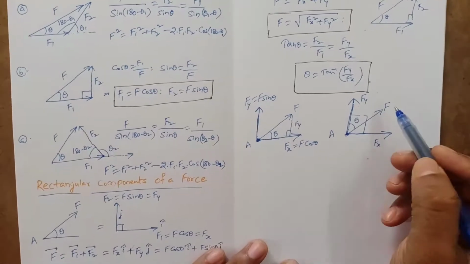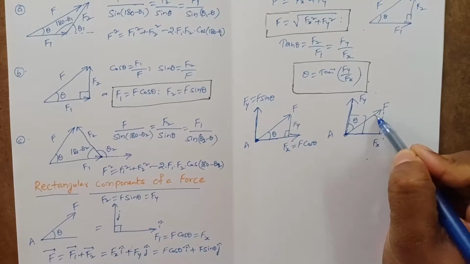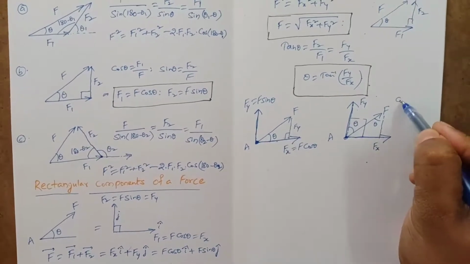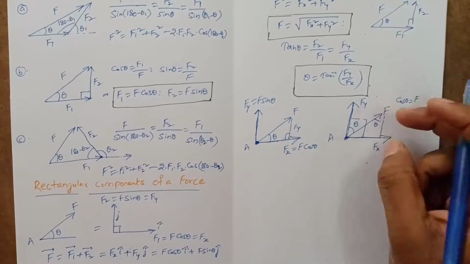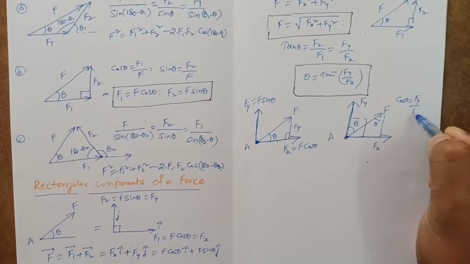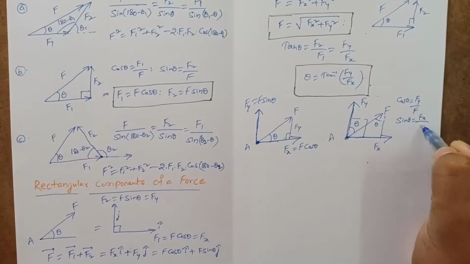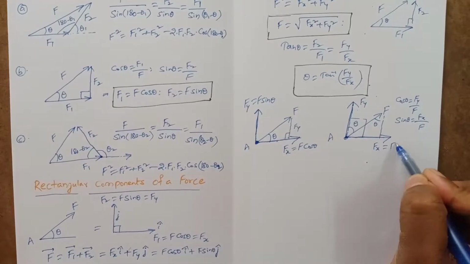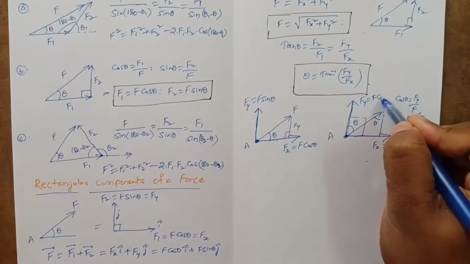See, if you construct this triangle here, this is theta. Now cos theta is equal to this by this, that is Fy by F, and sin theta is equal to Fx by F. Then from here Fx is equal to F sin theta and Fy is equal to F cos theta.